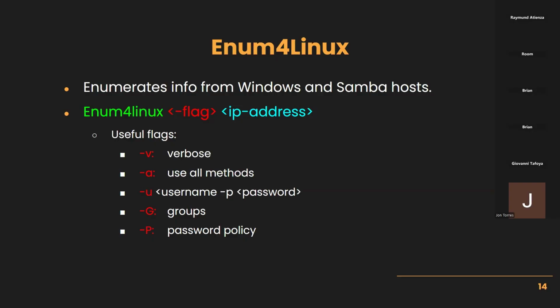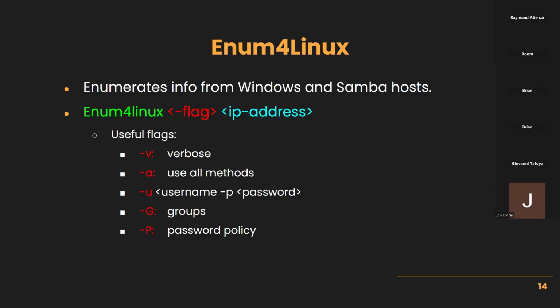Then -u obviously is to specify the username, and -p for password. Another useful flag is capital -P, which shows you the password policy that's being implemented in a domain.